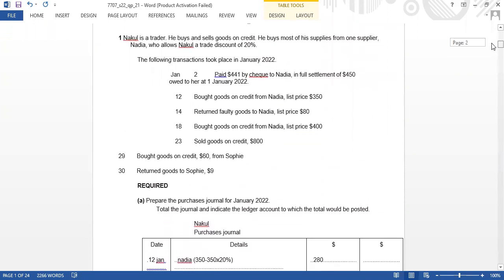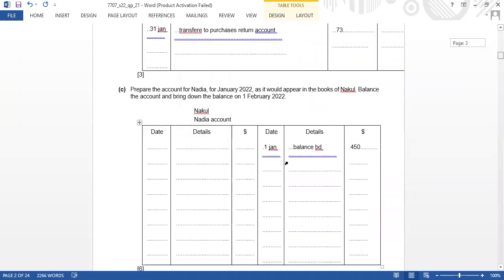Then we have on 12 and 18 January we bought goods, purchases.